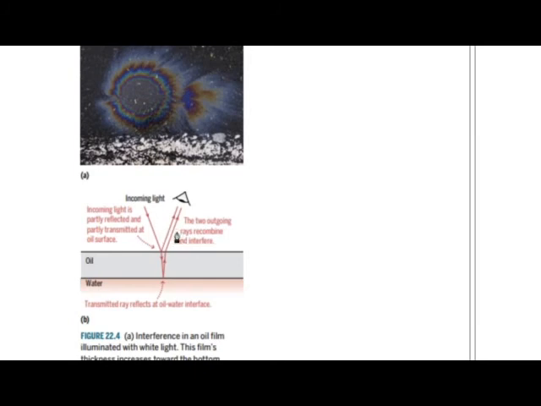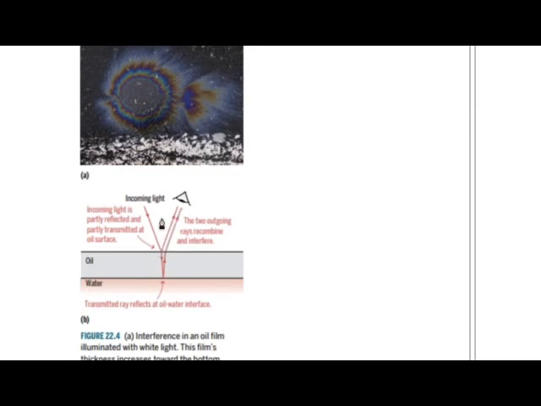And they will be coherent because really it's the same wave just following two different paths. And so, the crest of one wave will come off, and the crest of the next wavelength, let's say, will go the additional distance and come off and be in phase with the reflection from the top surface.